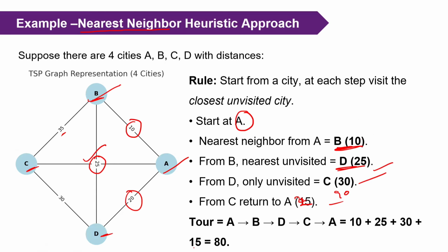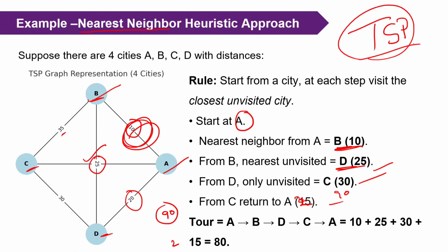Suppose here by mistake I added 15. Even though you write 25, the output is 90. I already said the nearest neighbor does not yield the best solution. You got the point? Why? At each and every step I am selecting the locally optimal one. It may give the best solution or may not. Clear? This is the concept of the traveling salesperson problem.